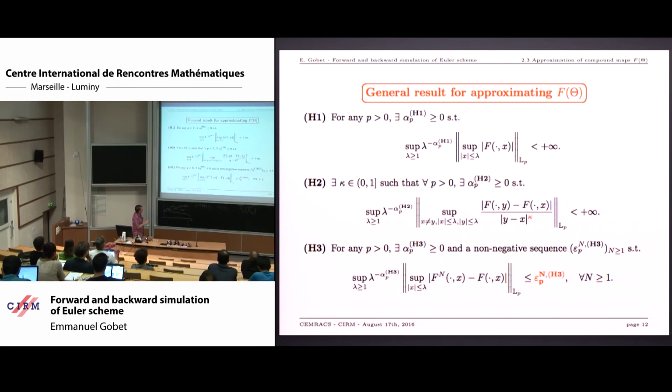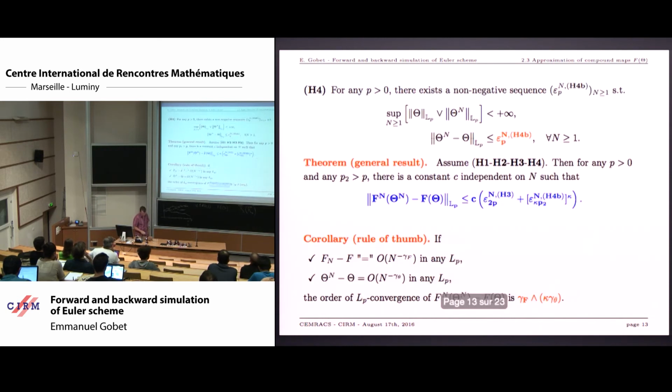And then we need some growth condition on the random maps. On the theta parameter, we just need a strong approximation between the two quantities. And all these estimates are in L^p, so we are considering strong convergence.